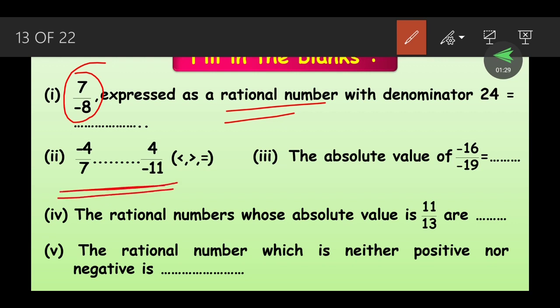Minus 4 by 7, we have to compare with 4 by minus 11. We can take minus upside. It will become minus 4 by 11. One is minus 4 by 7.